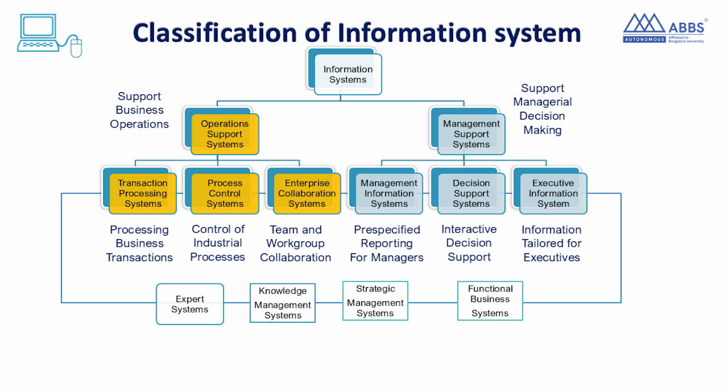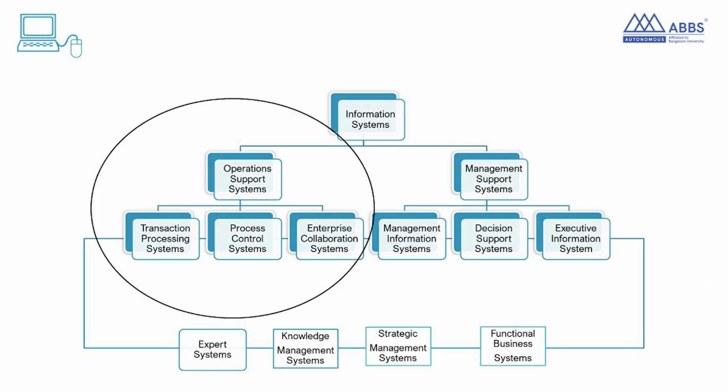Under operations support systems, we have transaction processing systems, process control systems, and enterprise collaboration systems. These three major information systems are useful for day-to-day activities of business, and that is the reason it is called an operations support system. Management support systems are mostly useful for managers at various levels.